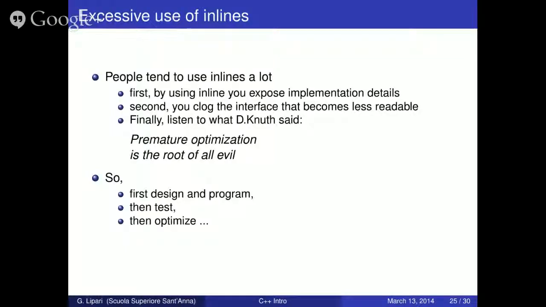If instead you try to optimize since the very beginning, then you are going to introduce very nasty bugs that then are very difficult to find later on. So first try to be simple, try to make it work, then you execute, you measure the performance, and you optimize. So premature optimization is the root of all evil.